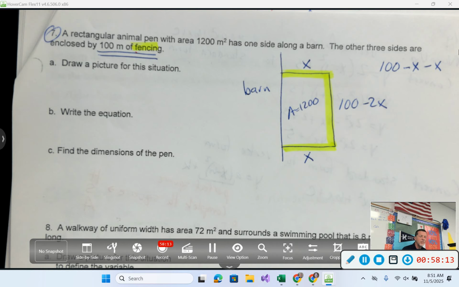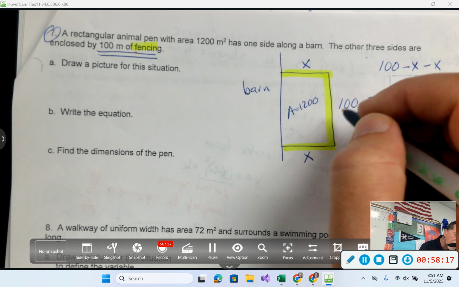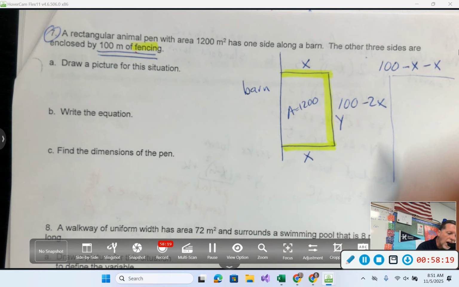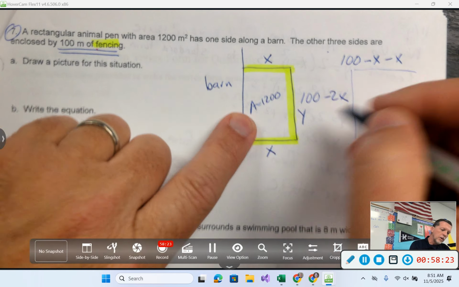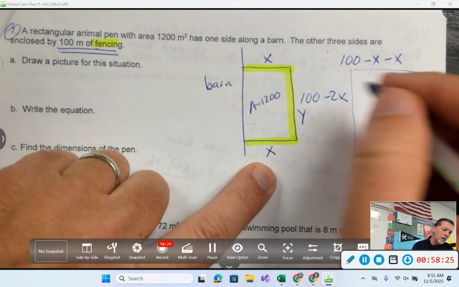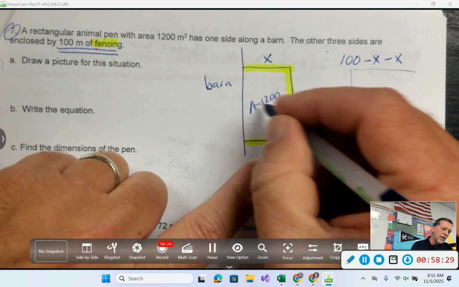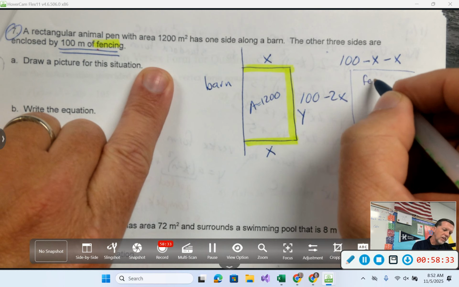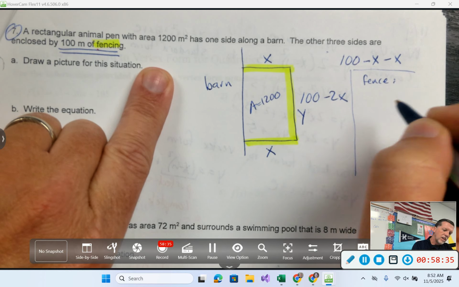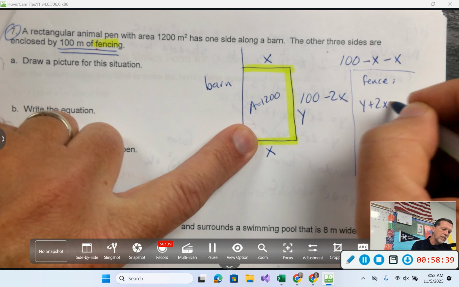There's another way to do it. If I just call that side y, then what has to be true about x's and y's? x times y is 1,200, but what about the fence situation? There it is. y plus 2x equals 100.